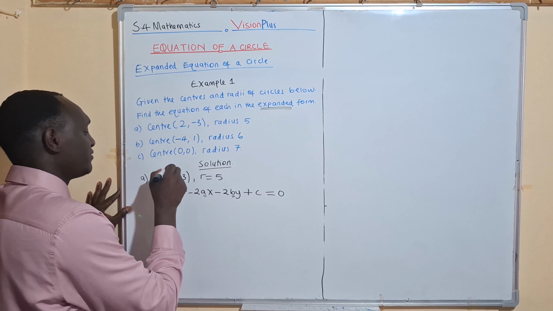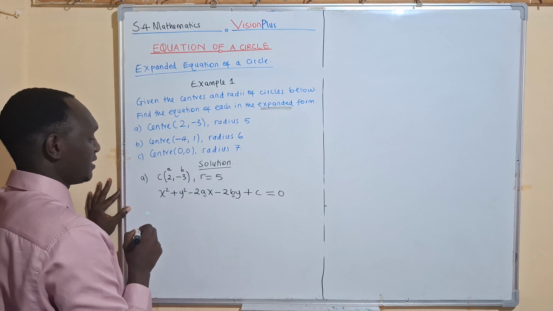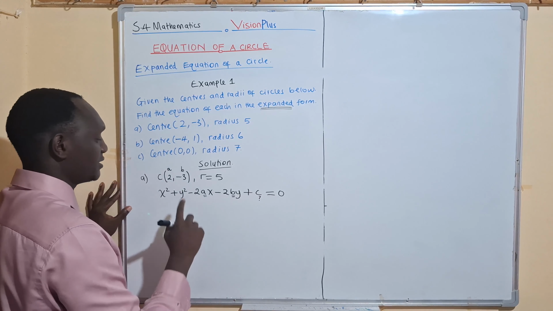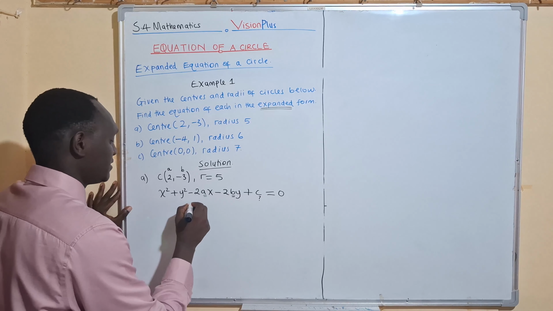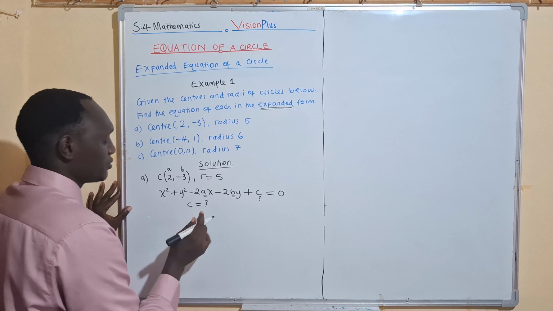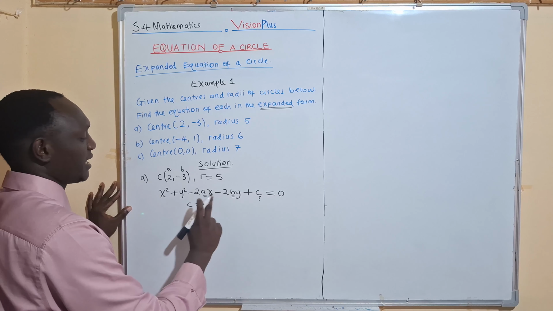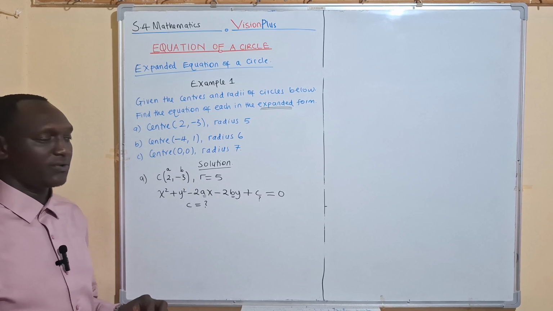That means we have been given a and b. What is left here? We are only left with c. C is what we don't know, because here we just substitute for a, b and c. So let us find c, then we substitute for c here, substitute for b and a, and that is the expanded equation of the circle.